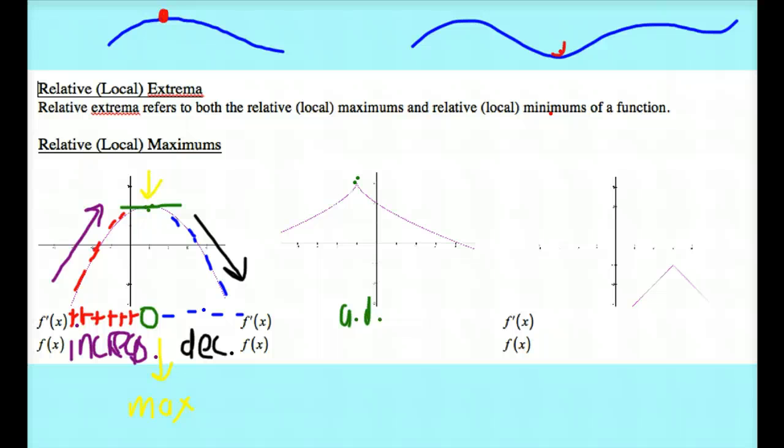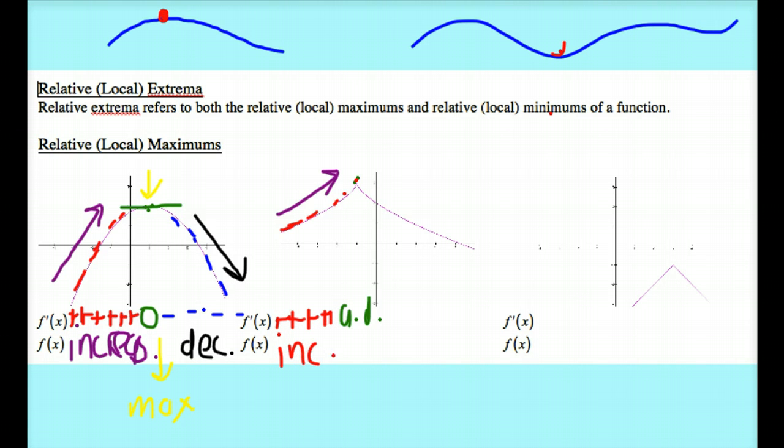But let's go ahead and take a look again at what's happening to the left side of this. And if you notice, this again is going upwards, and all the values are getting higher. So my derivative is positive on this side, and it's increasing, right?